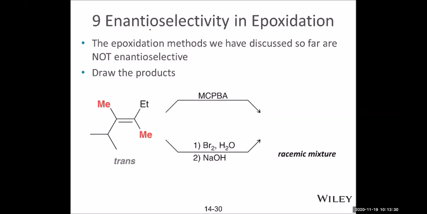So the stereochemistry for this reaction matters when you have an alkene that is asymmetrical. If the alkene is asymmetrical, then we have a pair of enantiomers. So for example, this compound will be the trans, or we call this the E isomer.